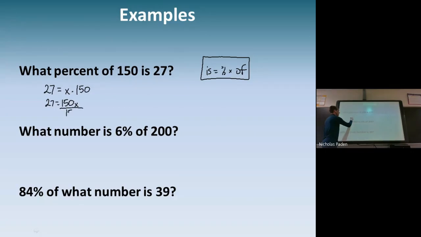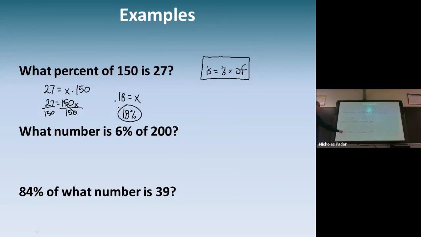So we're going to divide both sides by 150. So we do 27 divided by 150, and you should get 0.18. 0.18 equals x. Last thing, if we get a decimal, what should we do with it? Change it back to a percent, and so 18% would be our answer.